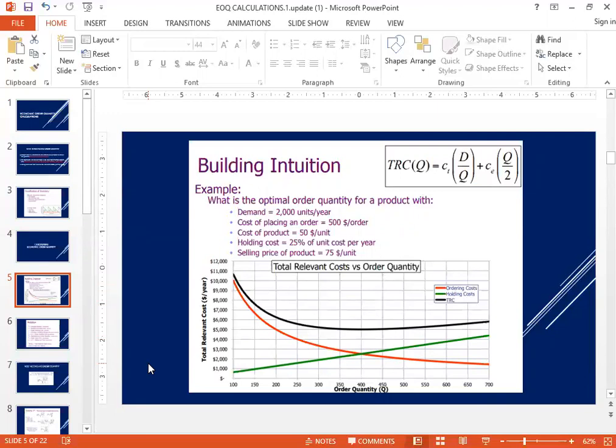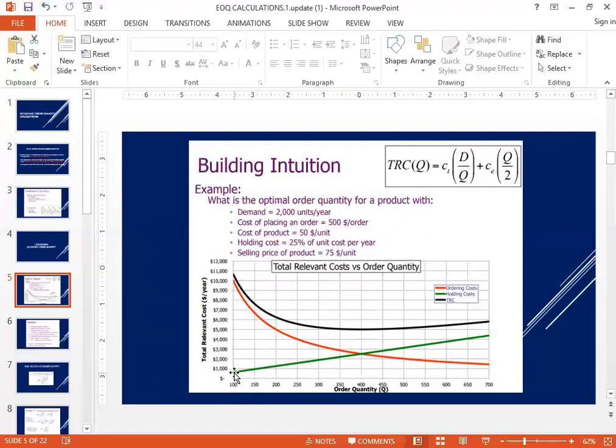If you're holding a lot of stock in a warehouse, you're going to have to pay for the warehouse rent, the electricity of the warehouse, and labor to go and check the inventory regularly. Perhaps you're going to pay some insurance costs, and you might have to pay taxes on all the inventory that you're holding. So these holding costs increase as the quantity of inventory that you hold increases.